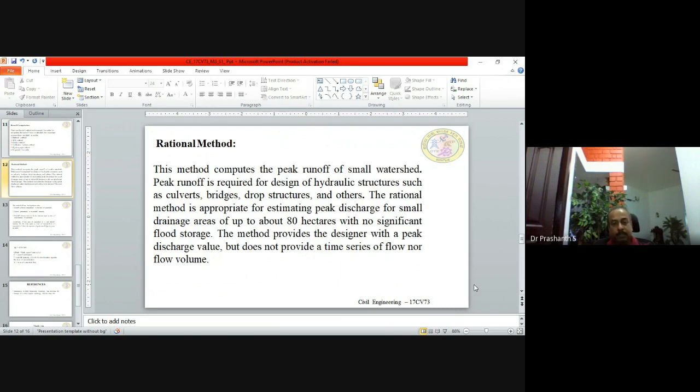The rational method is appropriate for estimating peak discharge for small drainage areas of up to about 80 hectares with no significant flood storage. This method provides the designer with a peak discharge value but does not provide a time series of flow nor the volume of flow.